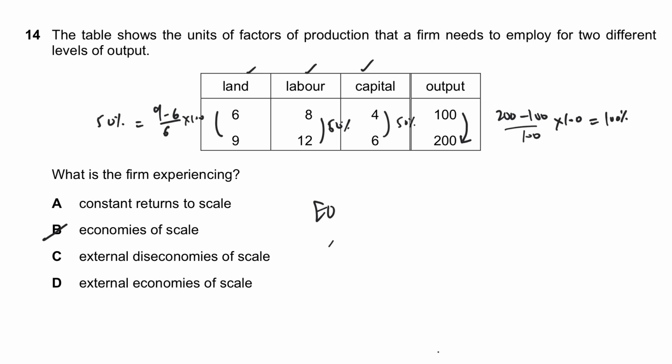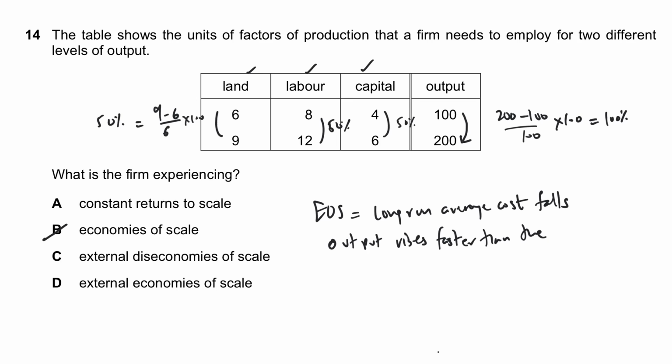Economies of scale is where your long run average cost falls. And it happens if output rises faster than the rise in input, which is exactly what we see: inputs are rising by 50%, but output is rising by 100%.